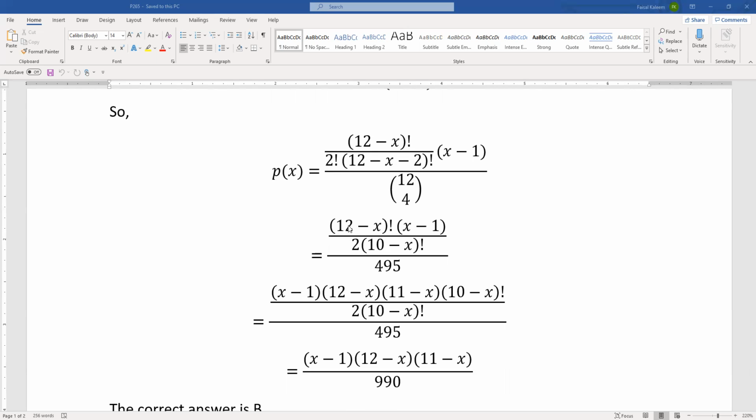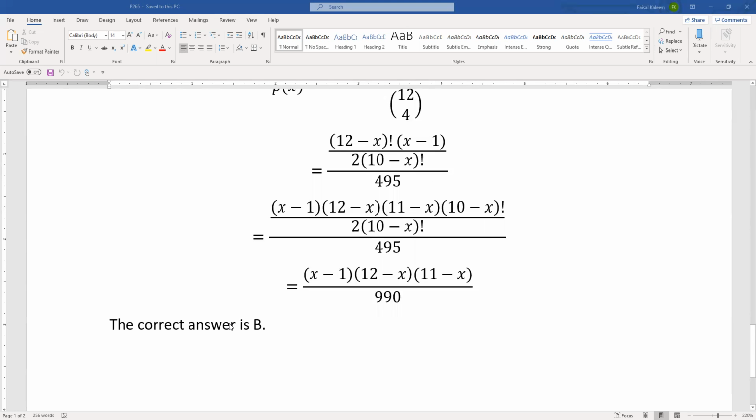And I start opening the 12 minus x factorial, so 12 minus x, and then when I reduce 1, it's 11 minus x, and then when I reduce 1, it's 10 minus x, and now that exactly matches the bottom, so I stop here. 10 minus x here and 10 minus x here, they cancel out, and then I combine this 2 with the 495, that becomes 990, and so I'm left with x minus 1, 12 minus x, and 11 minus x on the top. And that ends up being choice B.